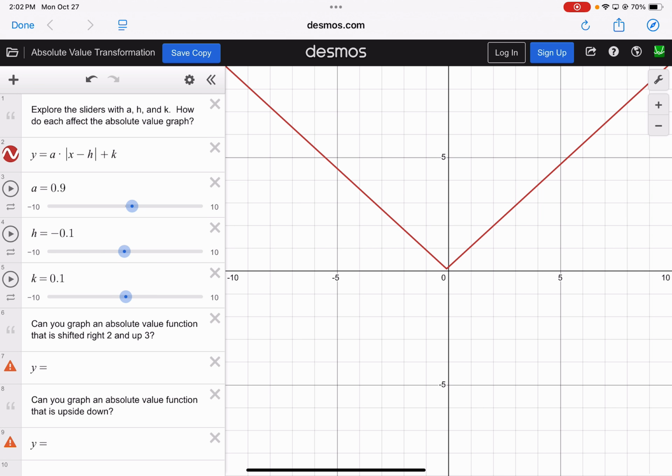So question, if I wanted an absolute value function, that's what this is, but I want it to go right 2 and up 3, what am I going to do? How do I make it go right 2?